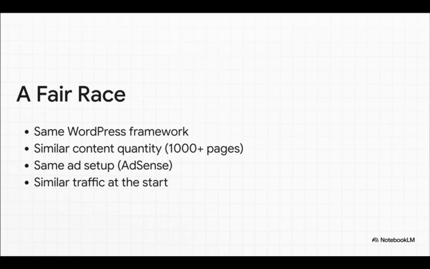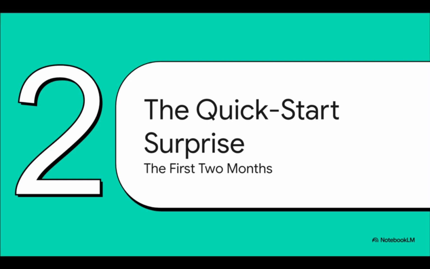I mean, they were built on the same framework, had about the same amount of content, the same ad setup. They even started with similar traffic levels. So the really crucial point here is that the only big difference was the strategy itself. The race was on. Okay, so the starting gun fires, the experiment kicks off, and right out of the gate, there was a huge surprise.